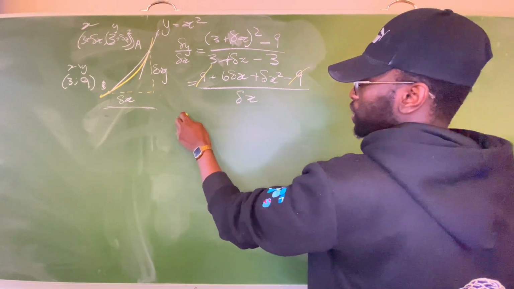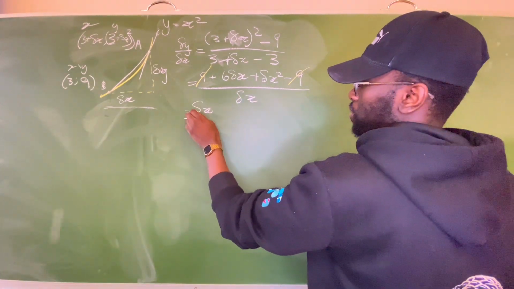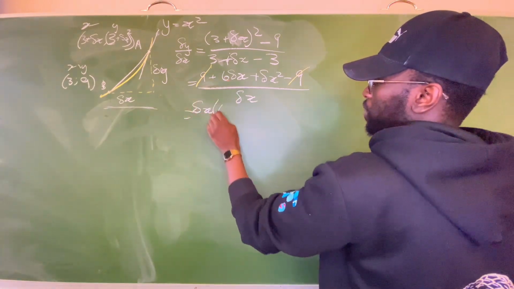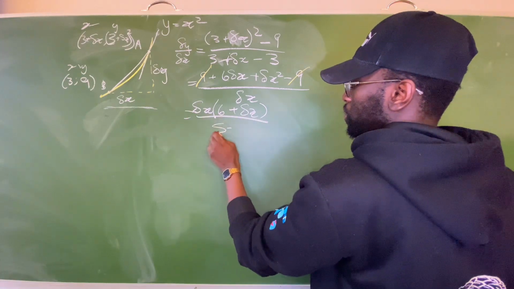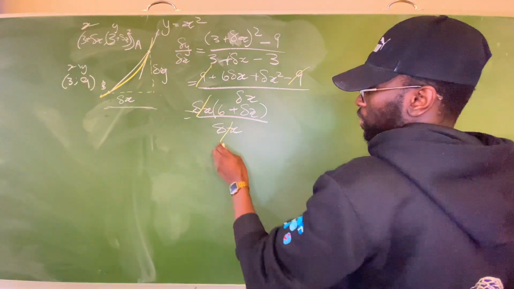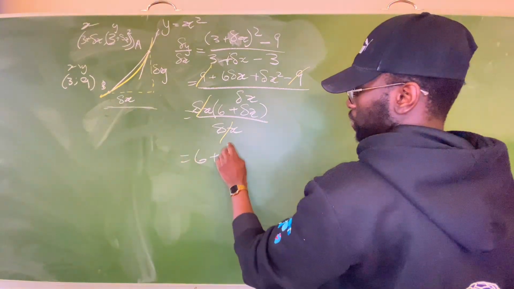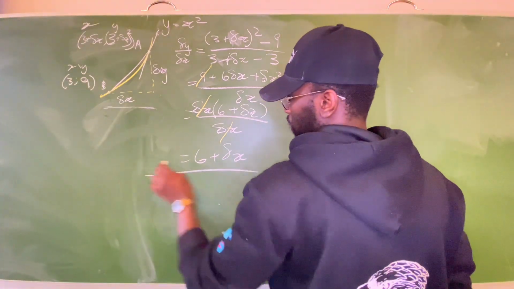Let's take out a common factor at the top. It will be delta x. We'll be left with 6 plus delta x, over delta x, and divide, and then we get 6 plus delta x. That is our value.